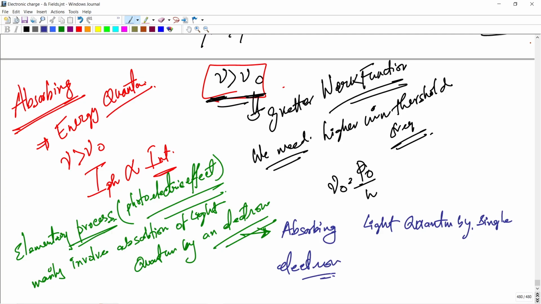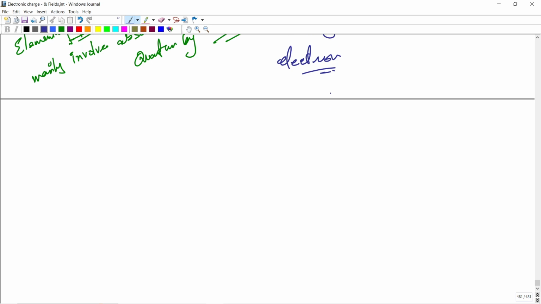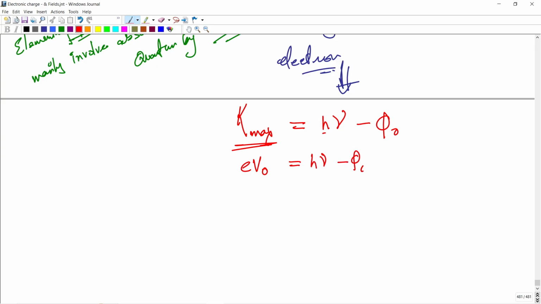Now we get the Einstein photoelectric equation. The maximum kinetic energy of that electron is equal to h nu, from UV ray, minus the work function. These are all energy terms. So e V naught equals h nu minus phi naught, where e is the elementary charge.